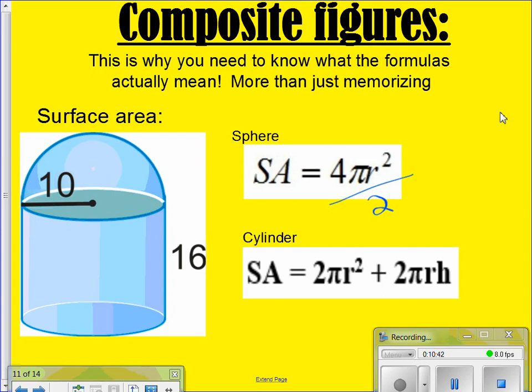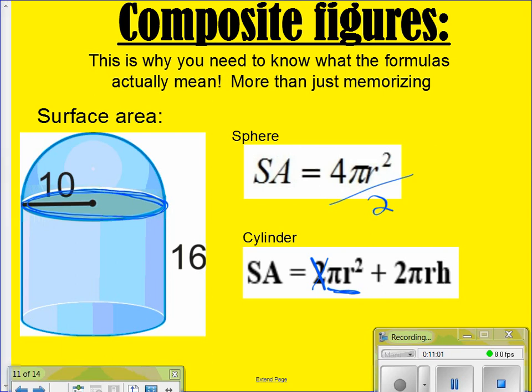The cylinder then, you want the surface area of the whole cylinder, but you realize that the top base of the cylinder is not actually exposed, therefore it's not actually part of your surface area. Therefore, instead of two of the bases, you really just want one base, okay? So it's about piecing these together and figuring it out.